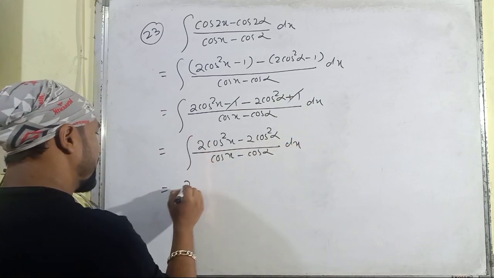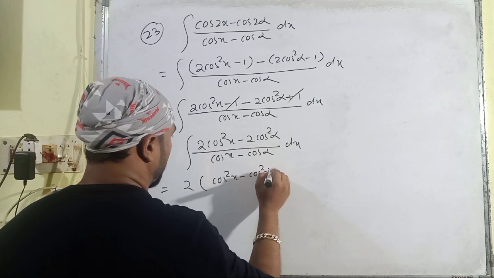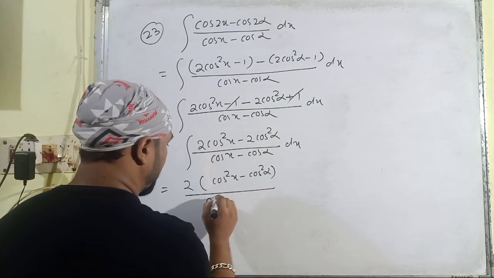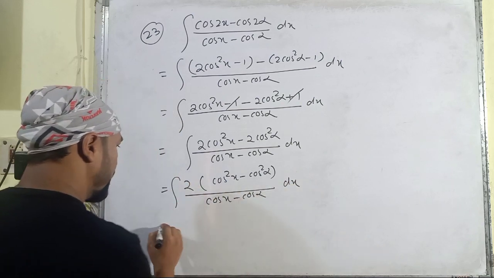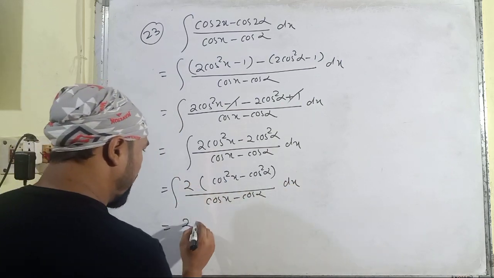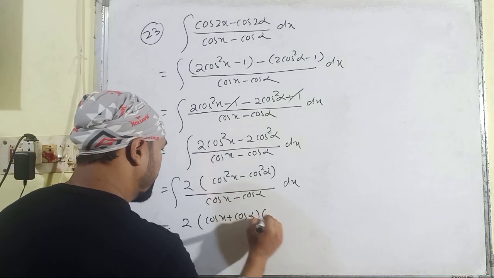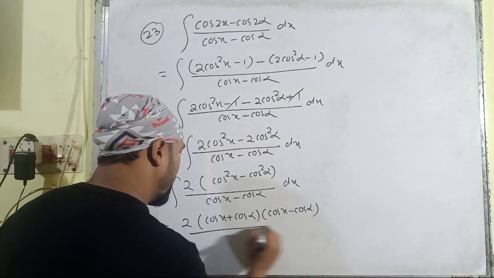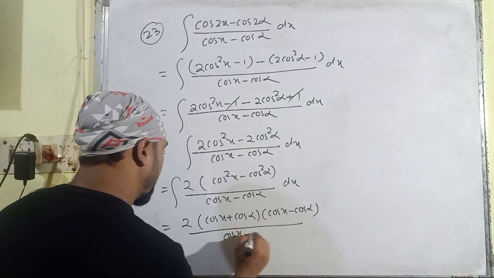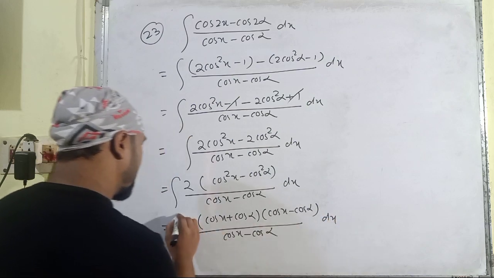Taking 2 as common, it is 2 times (cos square x minus cos square alpha) divided by (cos x minus cos alpha). Then it will be 2 multiplied with (cos x plus cos alpha) multiplied with (cos x minus cos alpha) divided by (cos x minus cos alpha), and its integral with respect to x.